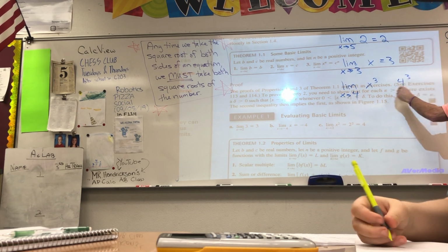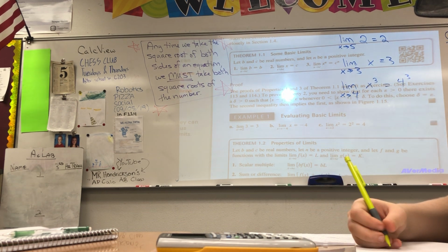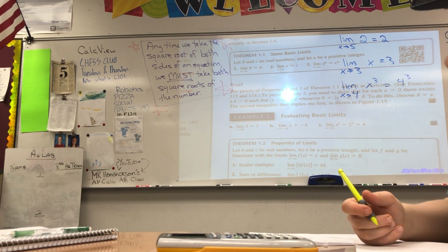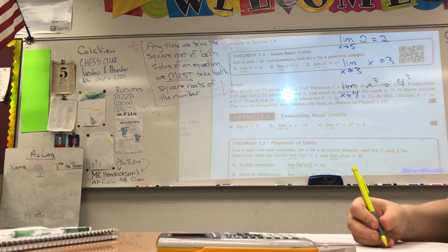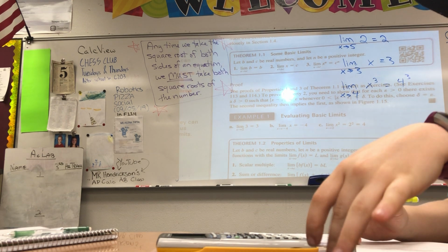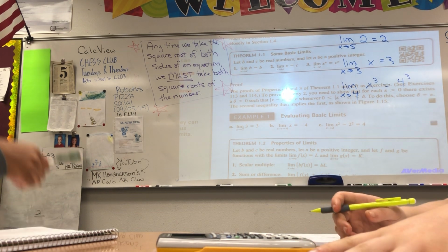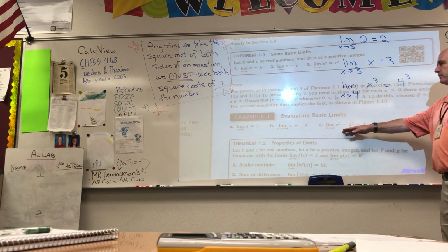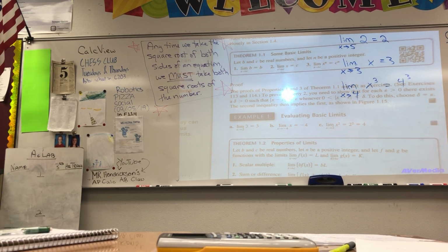So these basic limits to me are very logical. They're also plug-inable. I'm sure there's a better word for that, but we can work with plug-inable at this point. Is that okay? He did some of them down here, the basic ones. So questions there?